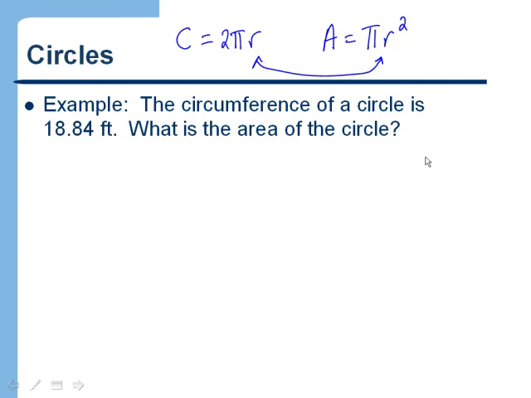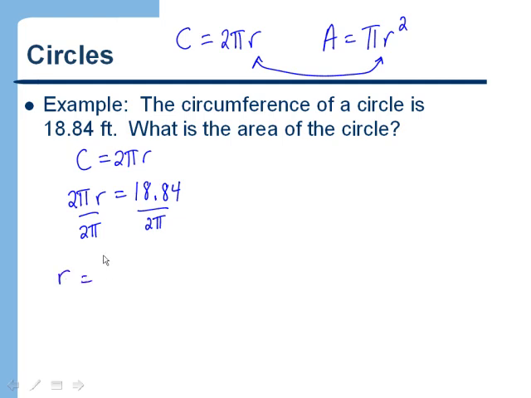So I know that the circumference is 2 pi r, or in this case, that means that 2 pi r is equal to 18.84. And the next thing I would do is divide both sides by 2 pi, so that now I have r is equal to 18.84 divided by 2 times 3.14.